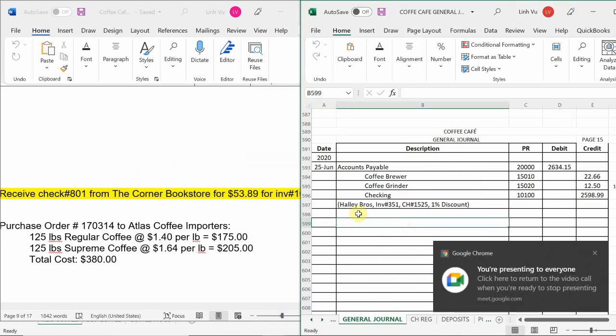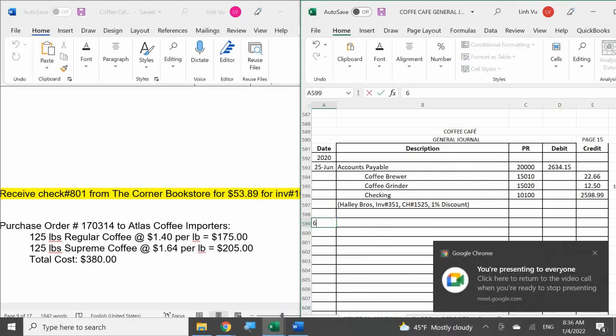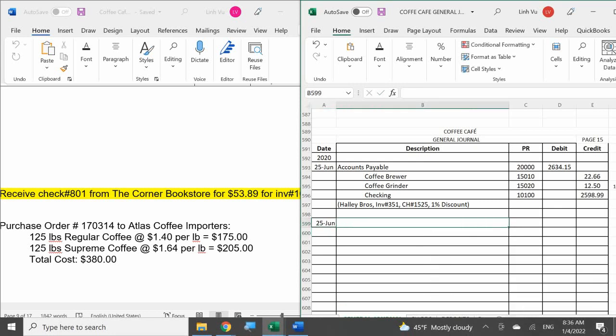Okay, so we're going to be receiving money for something that a customer owes me, which is an account receivable.